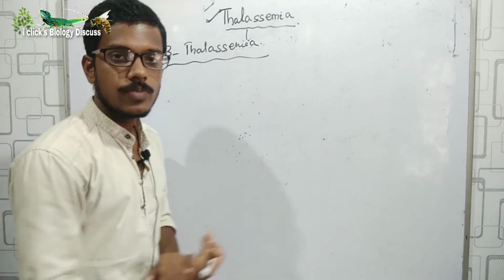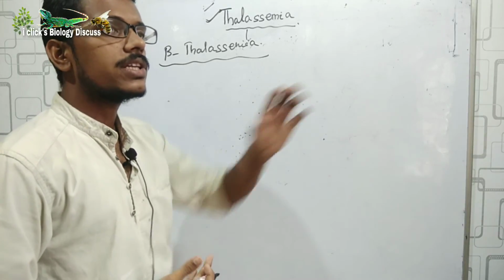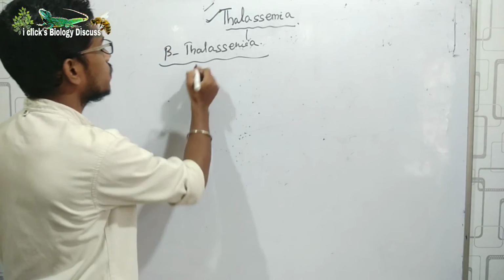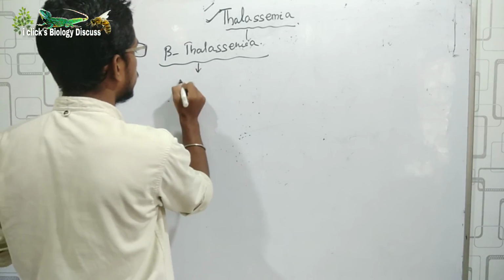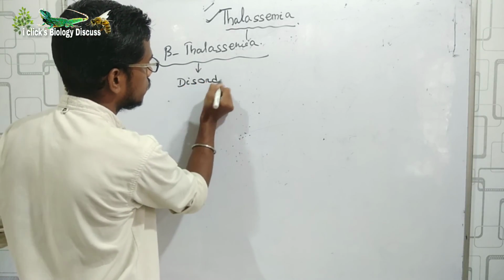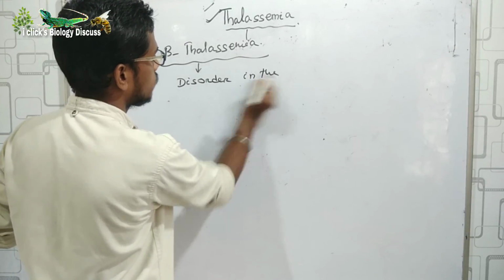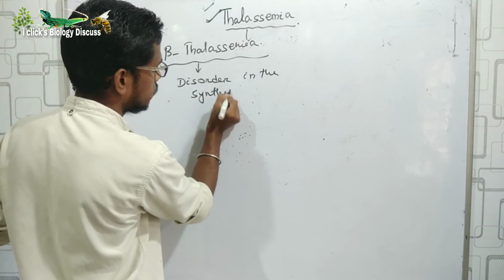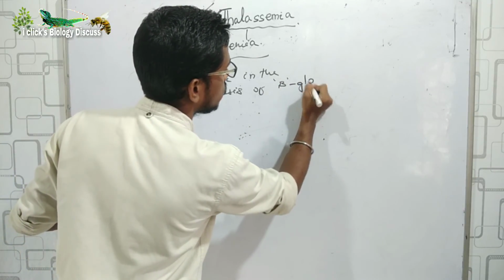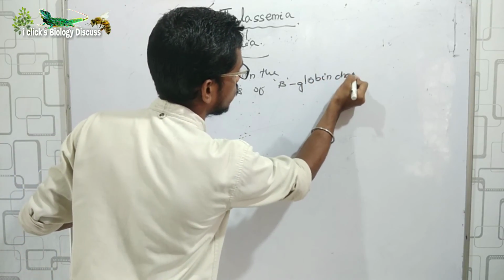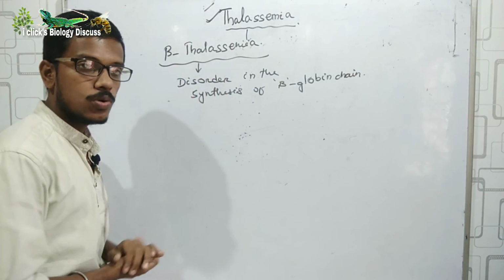Beta thalassemia is the disorder in the gene which is responsible for beta globin chain synthesis, the beta globin chain which is part of the hemoglobin.